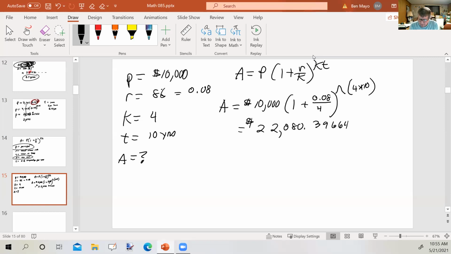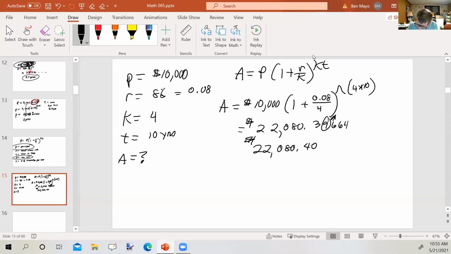Okay. Money, well, you can't split up a penny, I guess, unless you get some tin snips. So rounding to the nearest cent, we get $22,080.40.